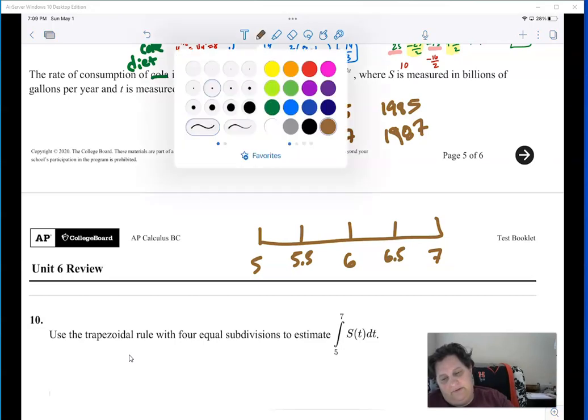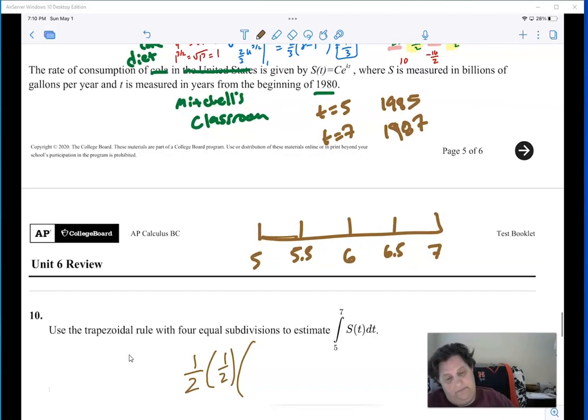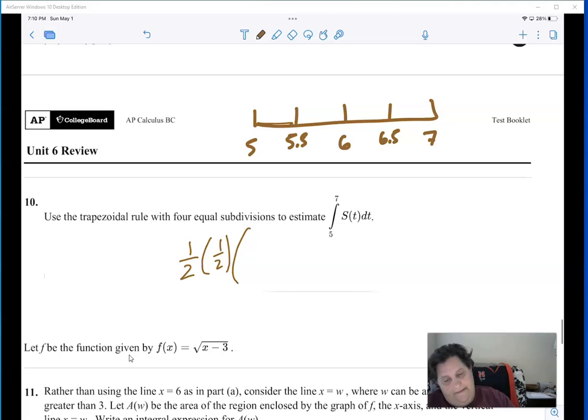You guys remember for trapezoids, it's 1/2 the base times the sum of the heights. The base is 1/2, and that's going to be for everything, because those bases are all the same. They're all spread out. And then it's the sum of the heights. So the first set of heights is going to be f of 5 plus f of 5.5.